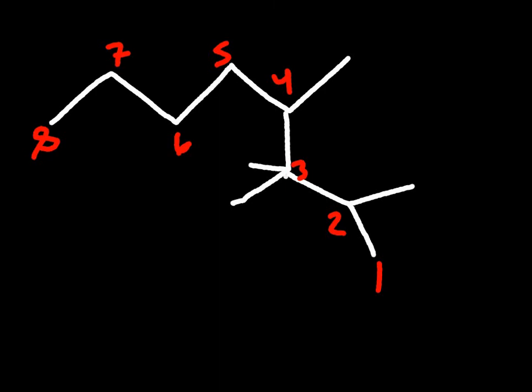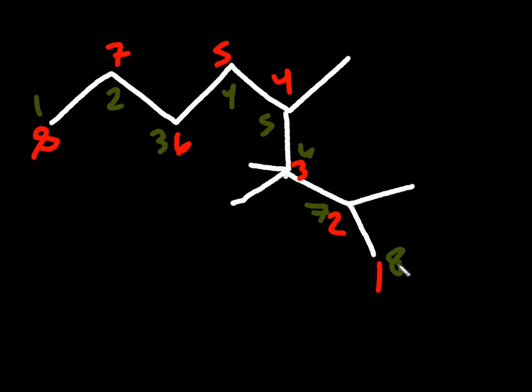Let's continue to count just in case to be sure. So far our longest chain is 8. 1, 2, 3, 4, 5, 6, 7, 8. Well, both of them came out to be 8. So which one do we take?